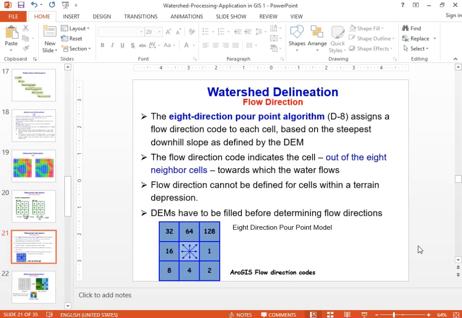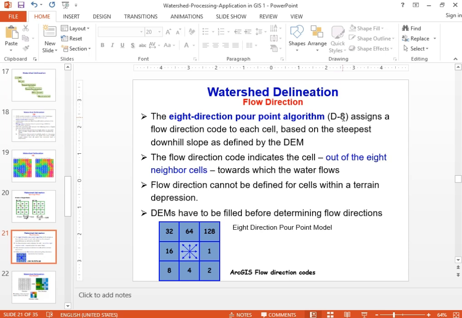And the other is flow direction. In order to know the flow directions, from where to where the water is flowing, you should have to know about the 8 direction 4-point algorithm. That is, the D8 assigns a flow direction code to each cell based on the steepest downhill slope as defined by the DEM.